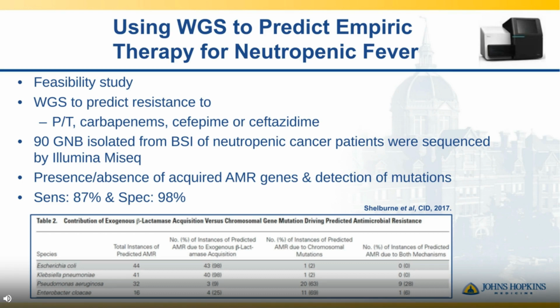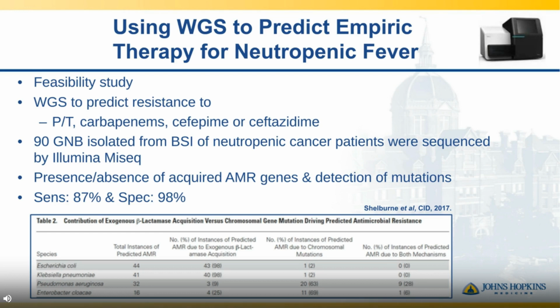And so they used whole genome sequencing of 90 gram-negative bacilli, including Enterobacterales as well as Pseudomonas, to predict the phenotype for piperacillin and tazobactam, the carbapenems, cefepime, and ceftazidime. And they took these isolates from bloodstream infections of neutropenic cancer patients.